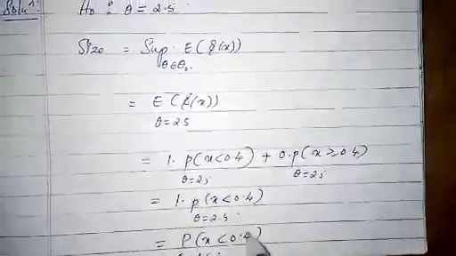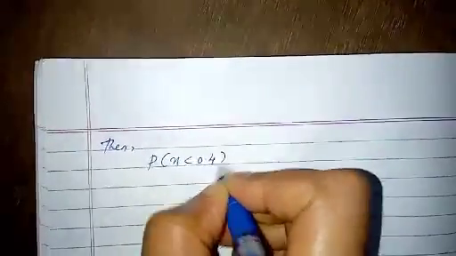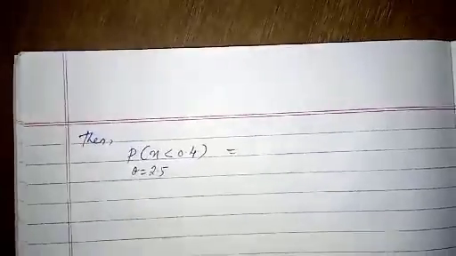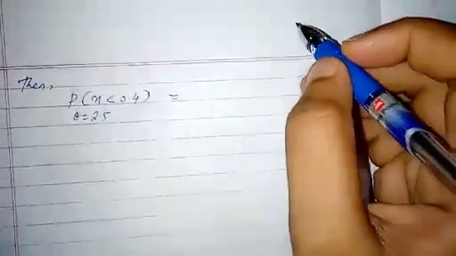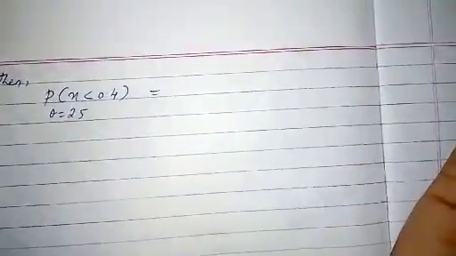Then how to find out the value for this? Probability of x less than 0.4 under theta equal to 2.5, how to find out? Here x belongs to the density given in the problem, with the density f of x, theta equal to 1 plus theta x to the power theta.